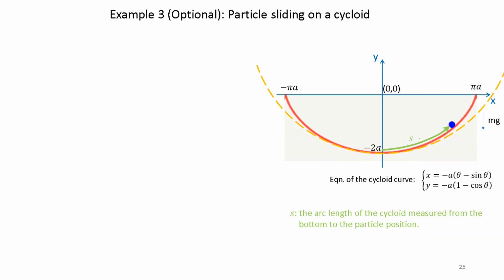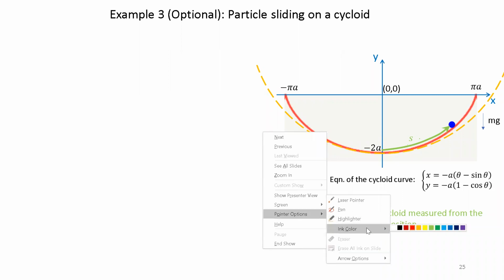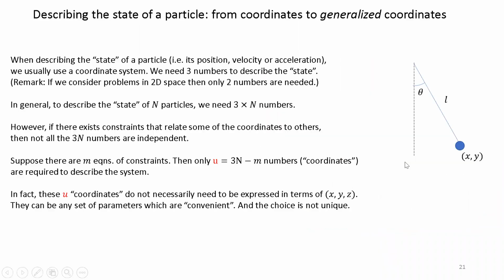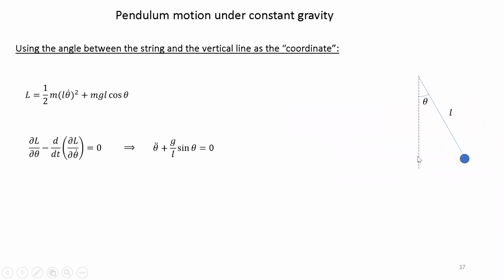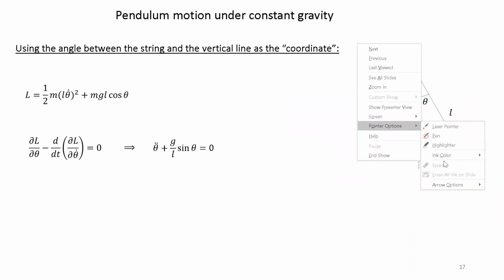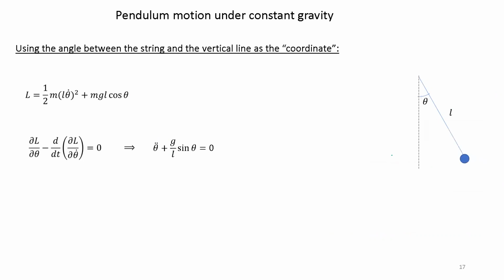If I remind you again about the simple pendulum problem, you may still remember that if you do the small angle approximation, theta double dot is roughly equal to minus g divided by L times theta.